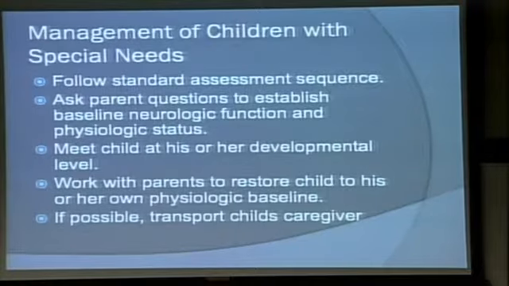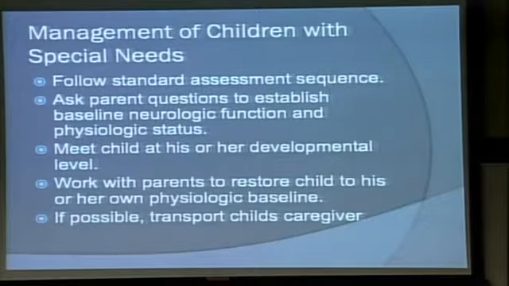Now, when you're dealing with a child with special needs, follow your regular assessment, but ask the parent questions to establish the baseline neurologic function and physiologic status, and then try to talk or deal with the child at whatever developmental level they are.